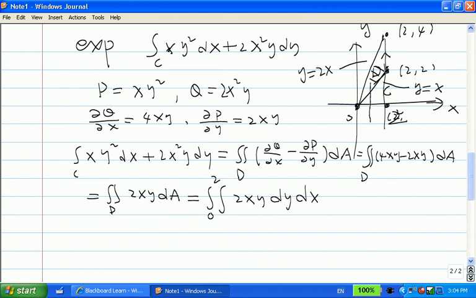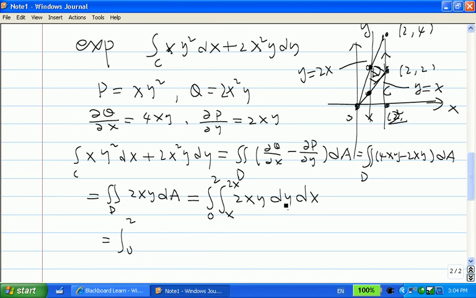Then you fix x in between. Then your y should be bigger than this, which is x. Then this point is x. And bigger than this and less than that, that will be 2x. Okay, 0 to 2. Integrate this with respect to y. You treat x as a constant.